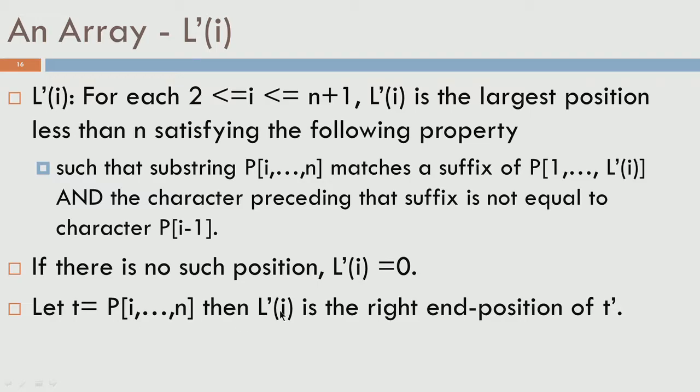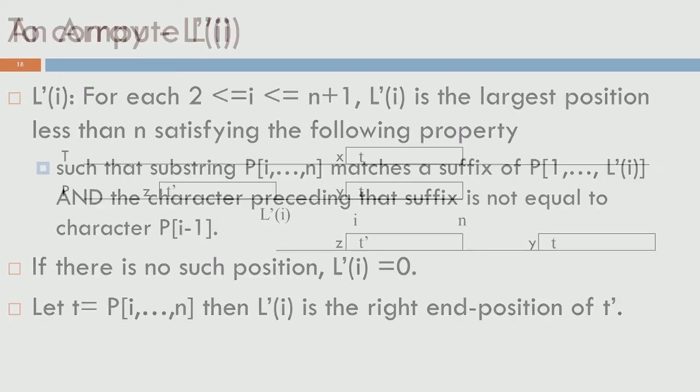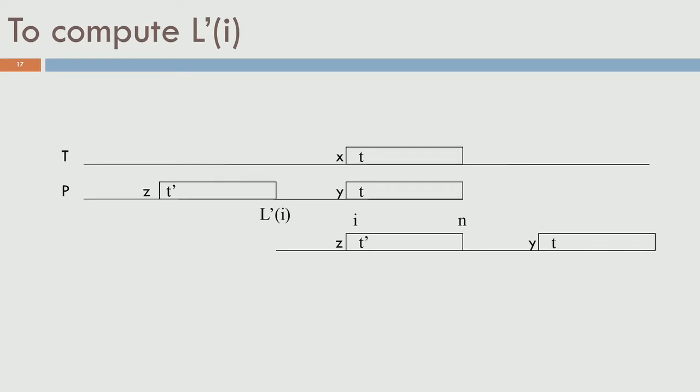Let us just visualize this array and its role. Let us just recall, this is the alignment of p against t, this is the right end of p, small t is the matched portion, and x and y is where there is a mismatch.